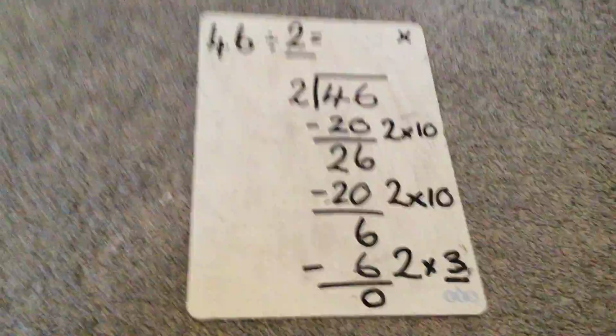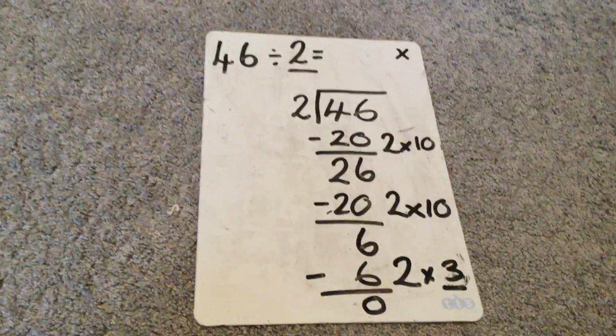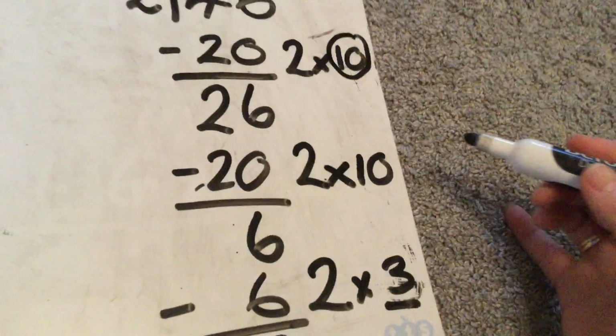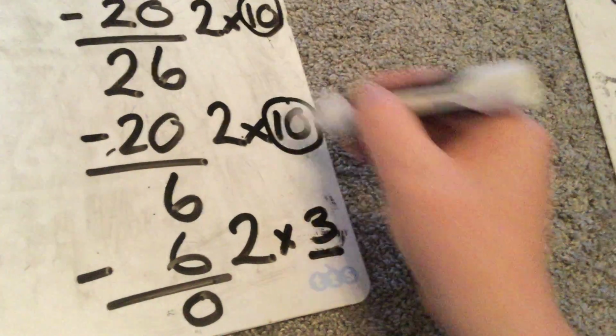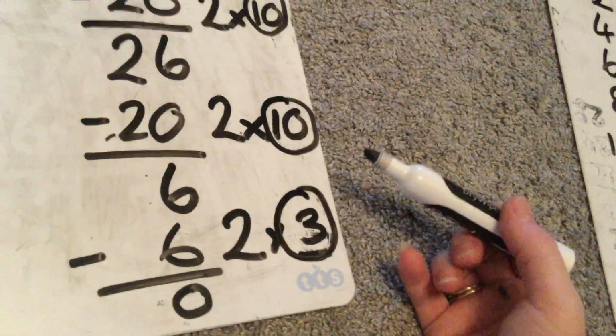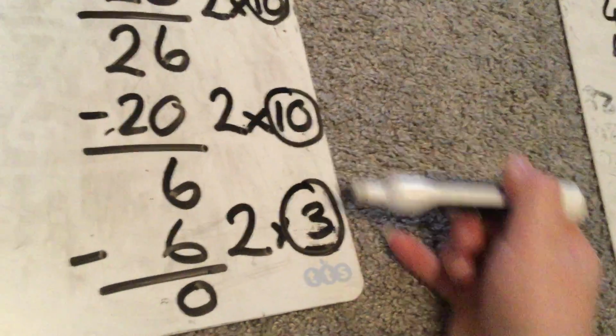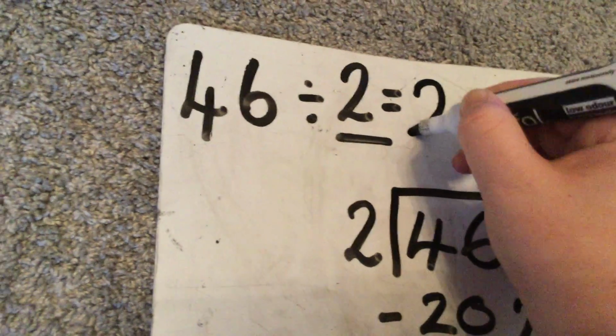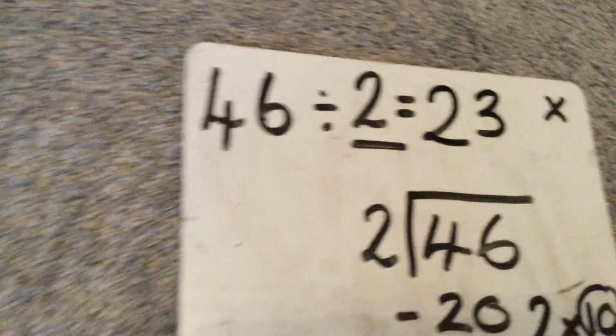Okay, but how do we get, once again, that answer? So I'm going to circle these. Now our answer should be 10, 20, 20 add 3. So 46 divided by 2 is 23.